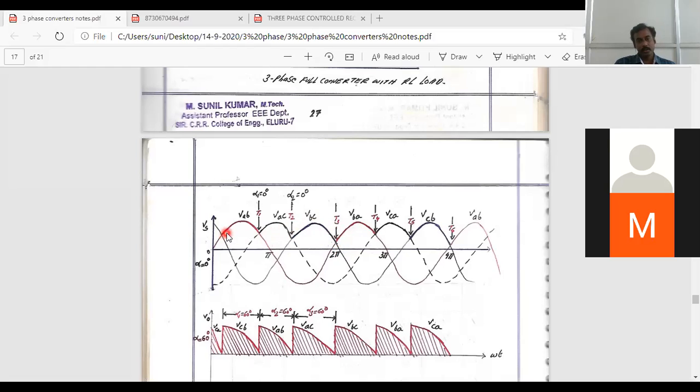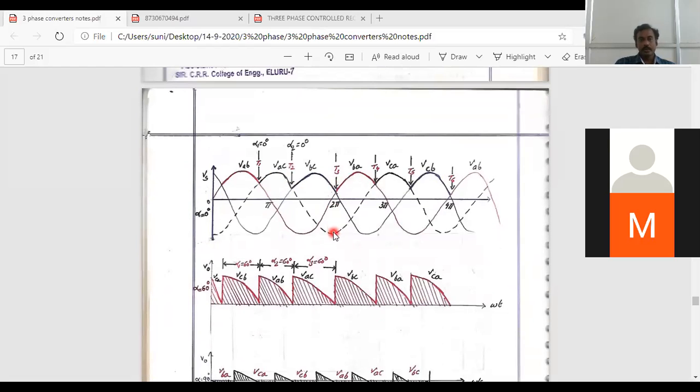Okay, so this is going to be the output voltage provided for zero firing angle in the case of a fully controlled rectifier provided with R load. Okay, so if you are going to consider an RL load, always this will be 120 degrees conduction provided, and you are going to have the negative voltages provided.